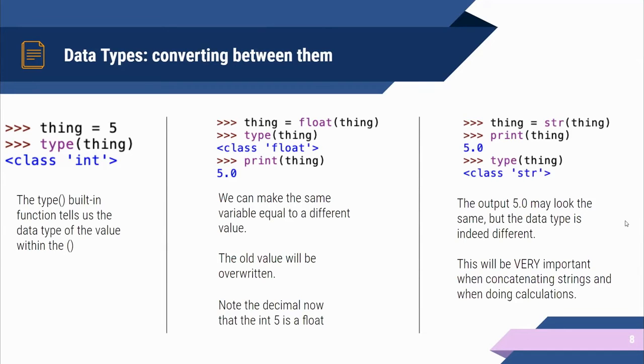You can pass in your variable into this type function, and it will return whatever data type it is. So here you can see it's an integer. In the middle, you can see that it's a float. And at the very end, you can see that it's a string, because here I'm converting into a string.